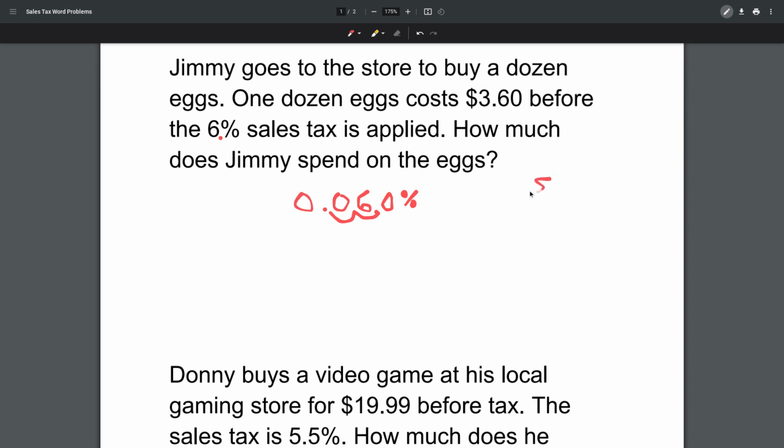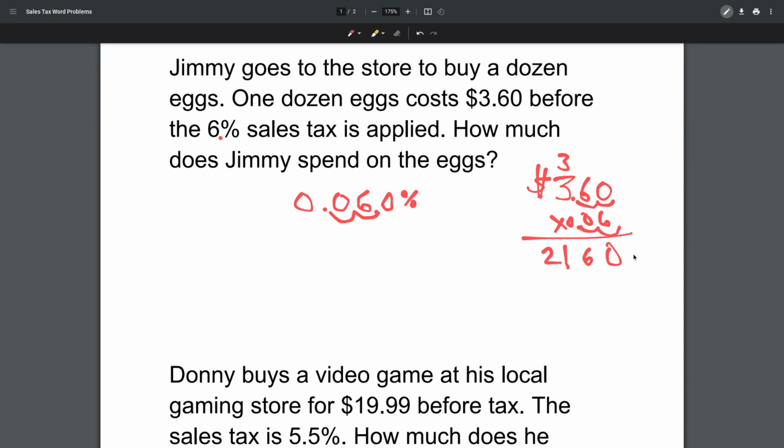So we can do 3.60 times 0.06. So we do 6 times 0 is 0, 6 times 6 is 36, bring up the 3, 6 times 3 is 18, plus 3 is 21. The decimal point has 2 places to the right here and 2 places to the right here.